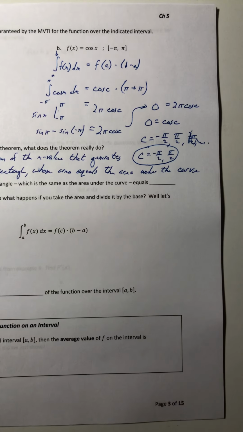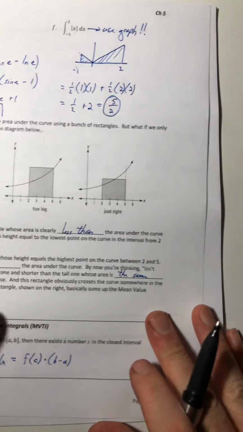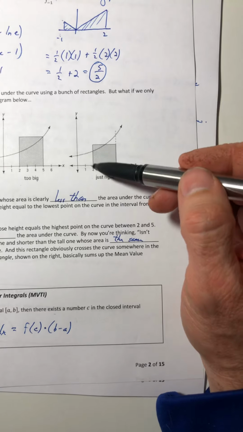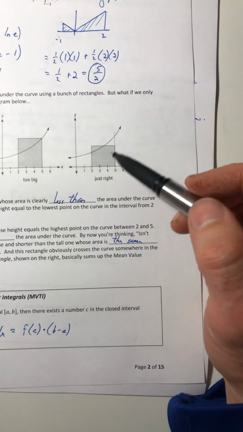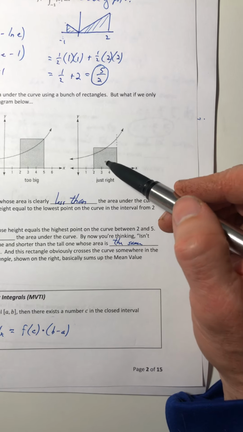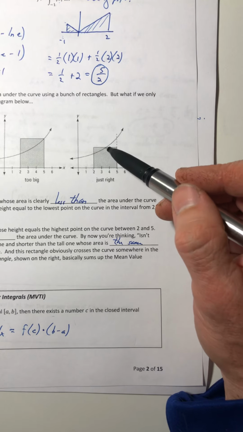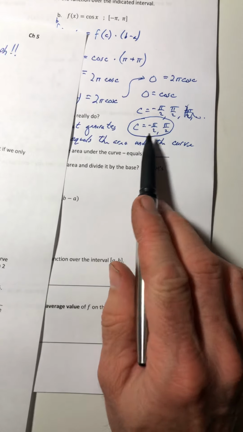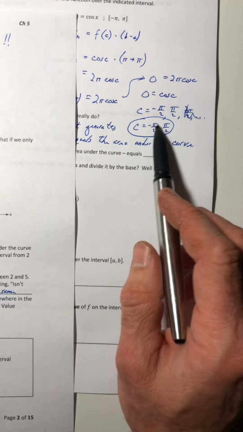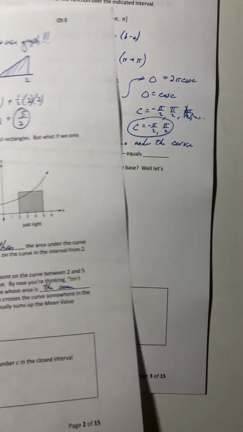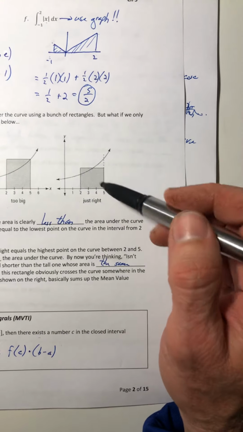So it would give us that one rectangle that we could draw, and it gives us the location of where that height is going to be. In our case, we have two values, so there would be two different rectangles that you could draw that would actually equal the area under the curve.